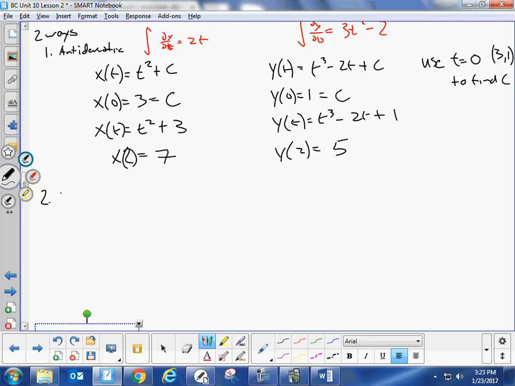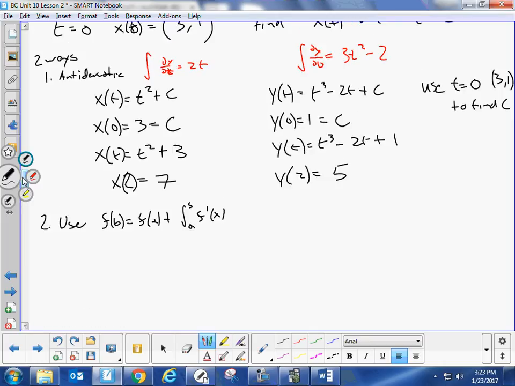So I'm going to use f of b is equal to f of a plus the integral from a to b of f prime. Okay, so I can say I have t equals 0 is the point (3, 1). I'm trying to find the position at t equals 2. I want to find x of 2.